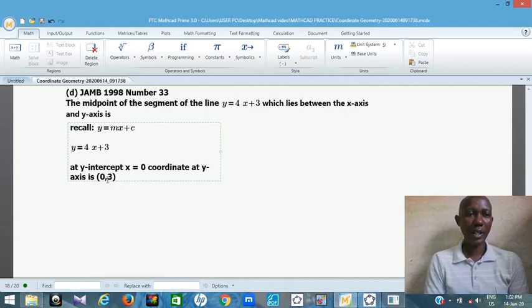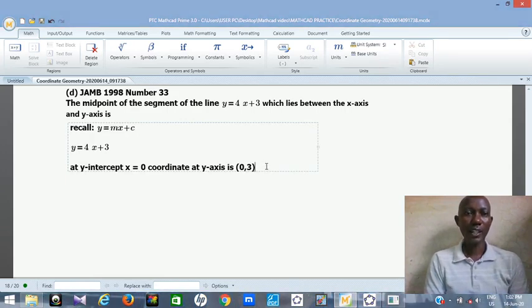So now you can see that we have a coordinate we can use on the y-axis. We need the coordinate on the x-axis so that we can use our normal formula for midpoint to get the midpoint of this line. So that's what we are going to do.